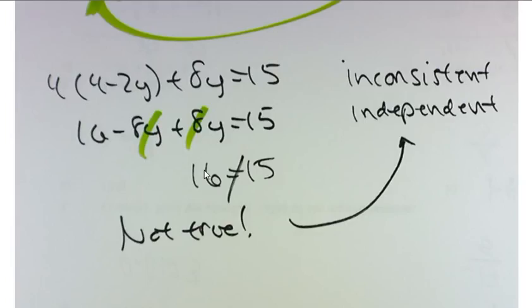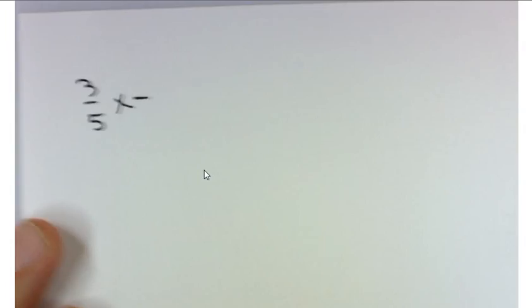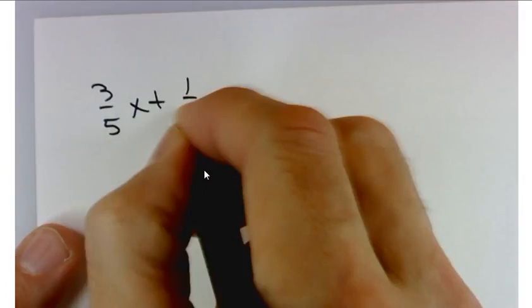Let's do one last one from this section. Problem number 30. 3/5 x plus 1/4 y equals negative 11 over 10.